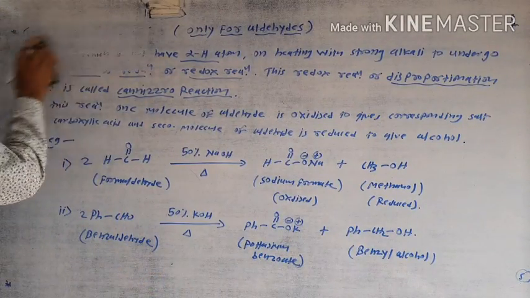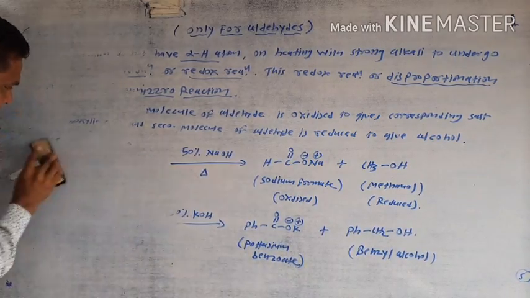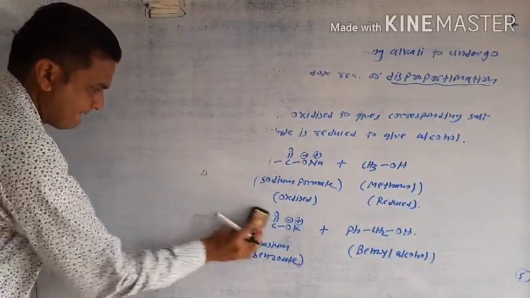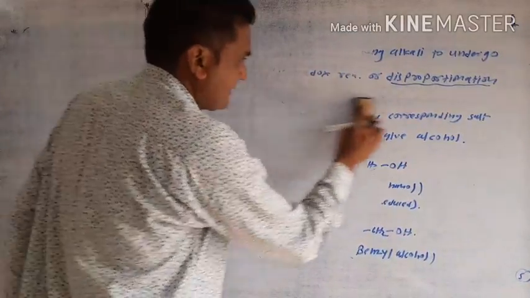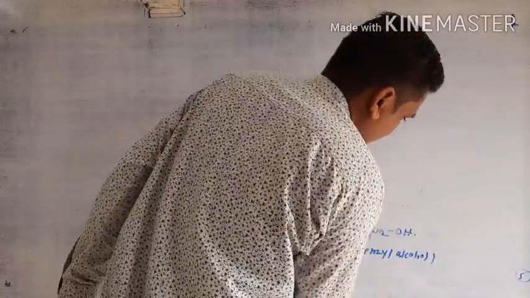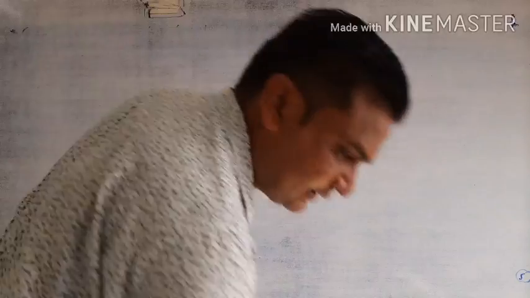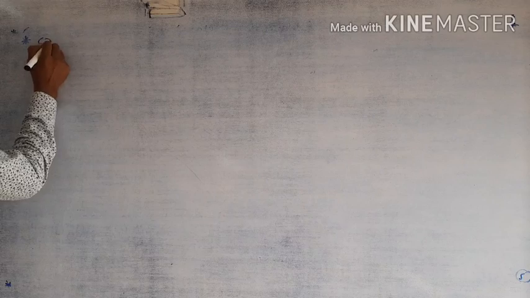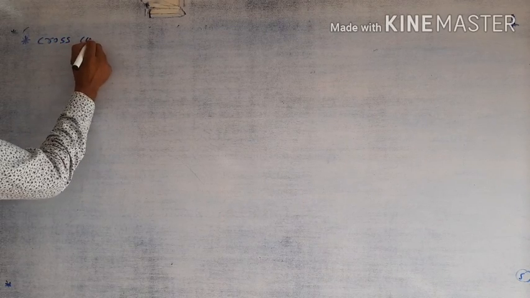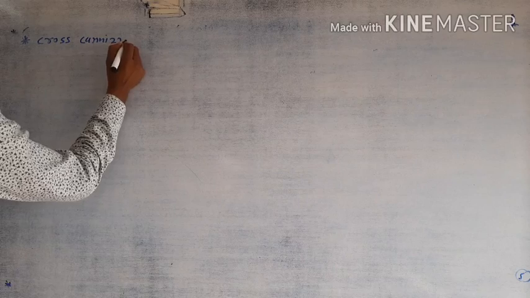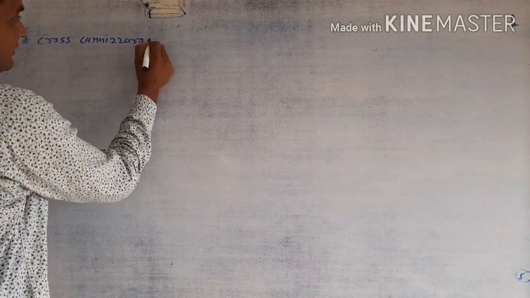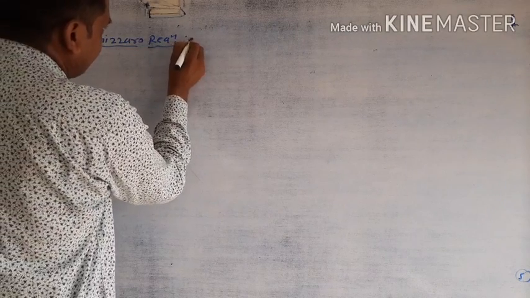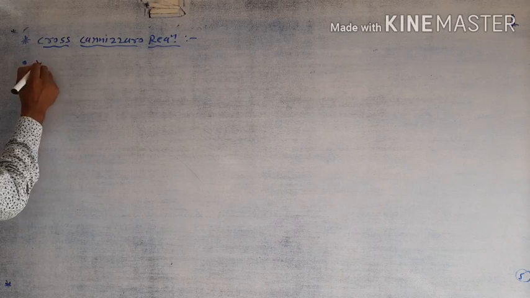The very simple idea of the cross Cannizzaro reaction is that two different aldehydes take part in the reaction.